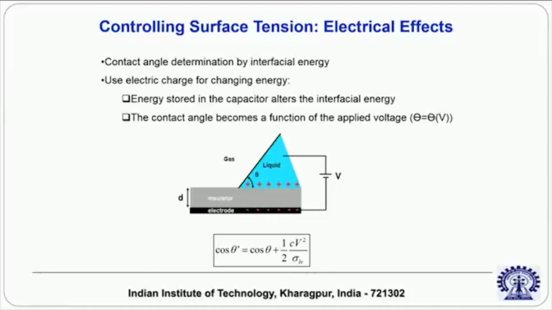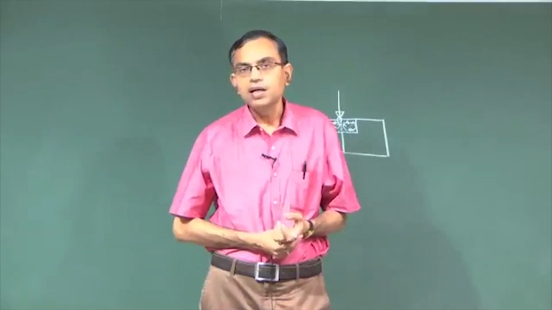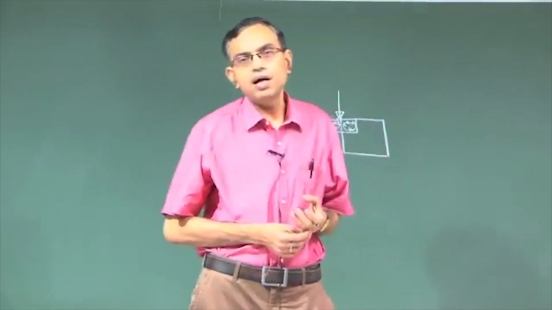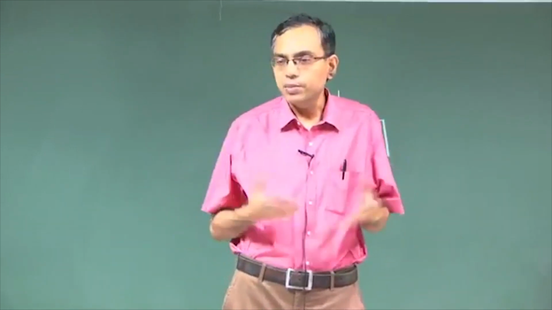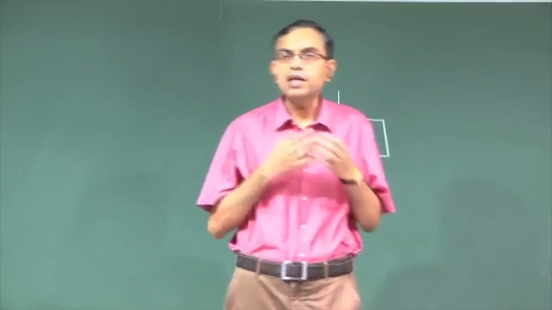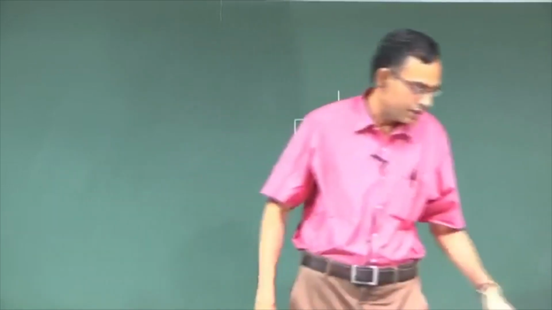So, if V square is positive, you will have cos theta prime always greater than cos theta, because capacitance and sigma LV are also positive. That means theta prime is less than theta. So, it is always electrowetting, no matter whether you apply positive bias, negative bias or whatever. It cannot be an increase in contact angle because of the electric field, it is only a decrease in contact angle.